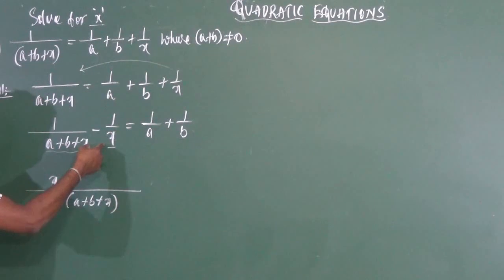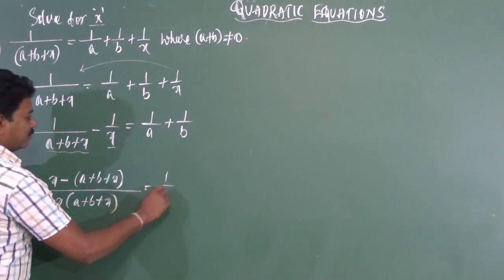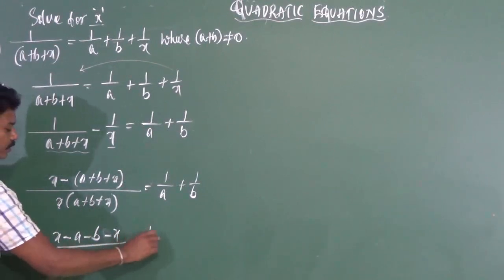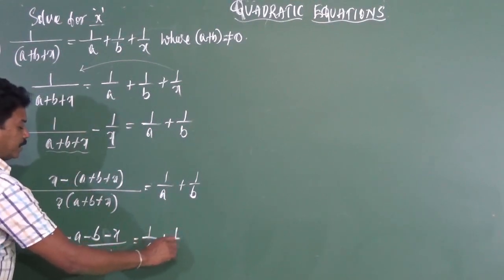Here x and x are going to get cancelled, so 1 into this remains. So that is (a plus b plus x) is equal to 1 by a plus 1 by b. So x, minus into plus a is minus a, minus into plus b is minus b, minus into plus x is minus x, by x into (a plus b plus x) is equal to 1 by a plus 1 by b.